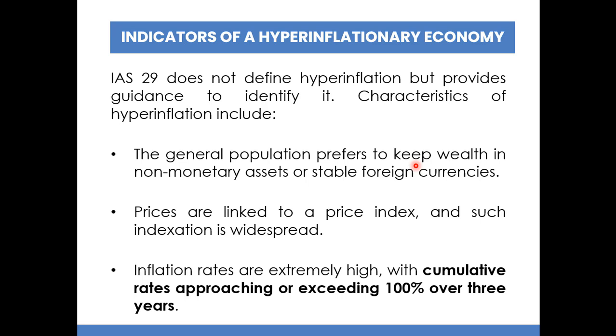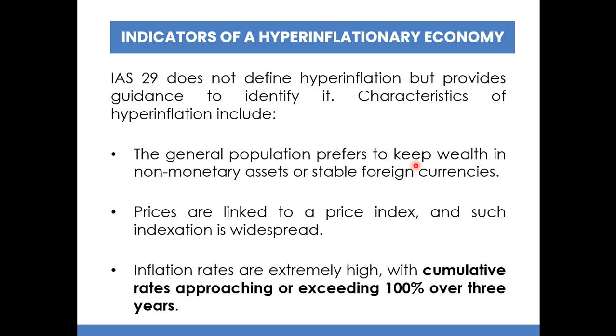And the inflation rates are extremely high, with cumulative rates approaching or exceeding 100% over 3 years. It means that the total inflation rate over the last 3 years is near about 100% or more. At that time we can say it's a hyperinflationary economy.